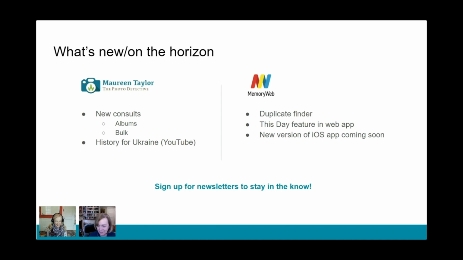Here's the website for History for Ukraine. I'm on at 11. Amy Johnson Crow's in at 10:30 Eastern. There's a printable PDF. If you go on Twitter, or I think I put it on my Facebook page as well, you can print out the PDF of who's speaking and when.